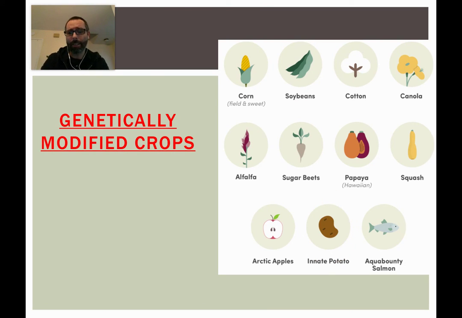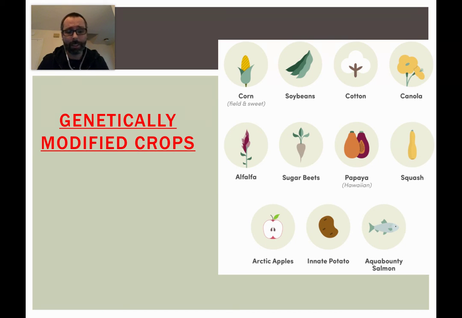But these are pretty much the only kinds of foods that are currently on the market that have been genetically modified in any kind, right? So when you see labels on, say, the bread that says that this bread has not been genetically modified, well, of course it hasn't, because there's no genetically modified wheat out there, right? Unless they used genetically modified corn to make the sugar that they used to make the bread. But still, again, that's not the same thing as genetically modified bread.